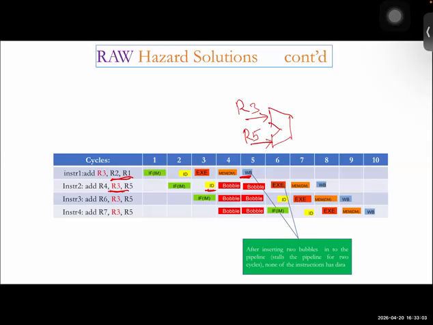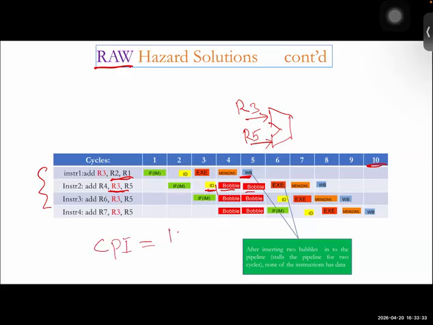So for the same instructions, when there is a read after write hazard, the first solution is stopping their execution in the pipeline by inserting bubbles into the pipe. These 4 instructions completed their execution successfully in 10 cycles. So what is the average cycles per instruction here?